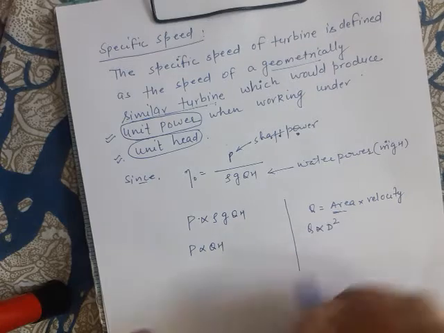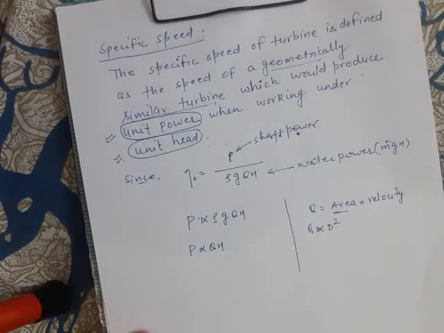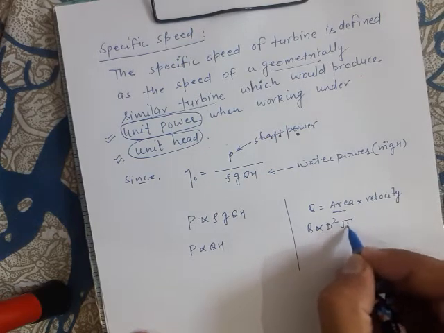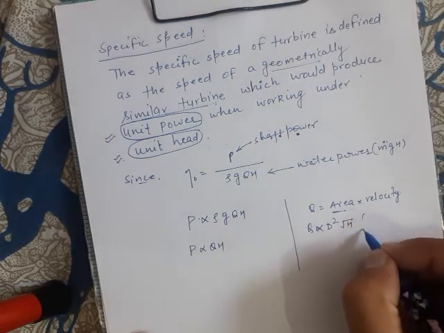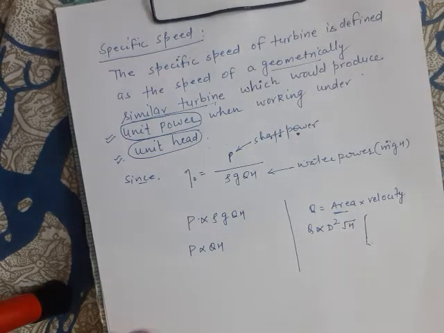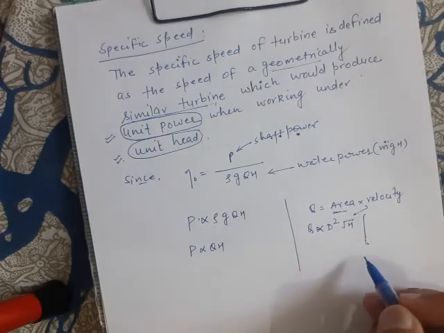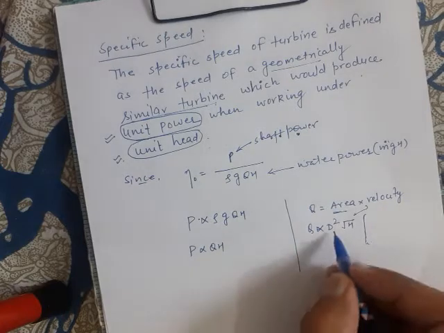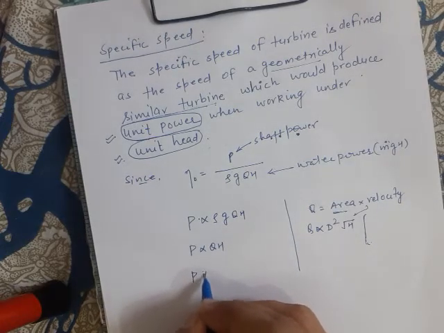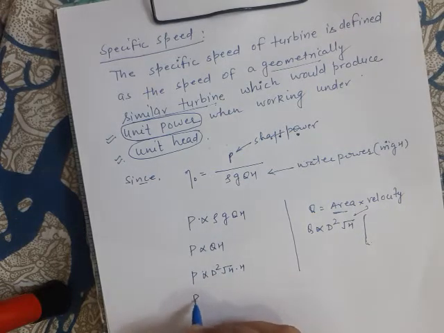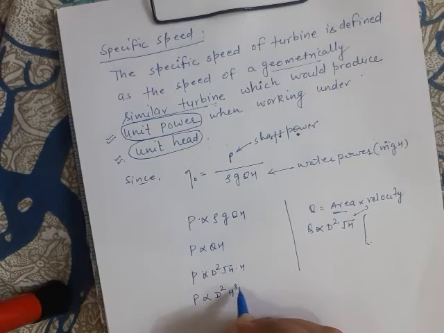Area can be written as D square, so area is proportional to D square, and the velocity is proportional to root H. From where we have seen the velocity Vf is proportional to root H. So Q is directly proportional to D square root H. Putting the value of Q over here, P becomes proportional to D square H raised to power 3 by 2.